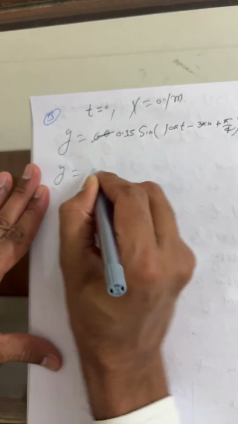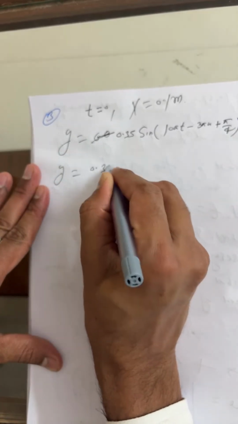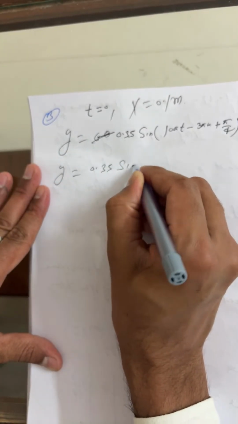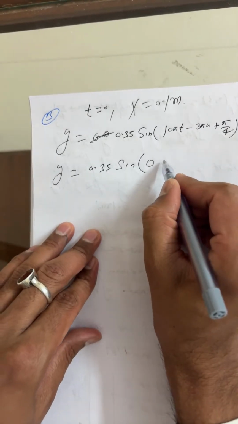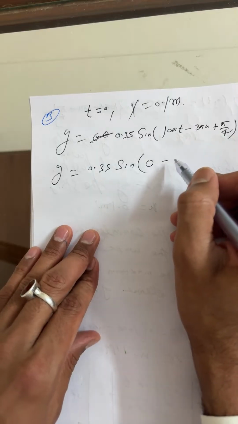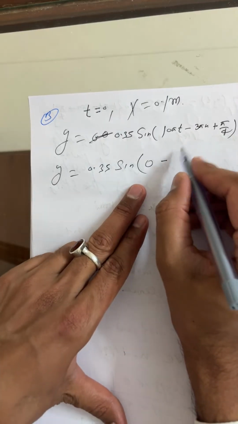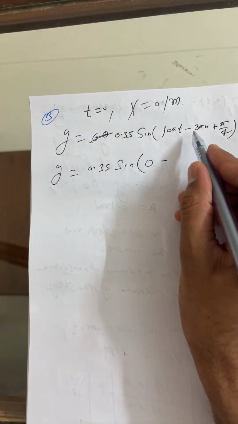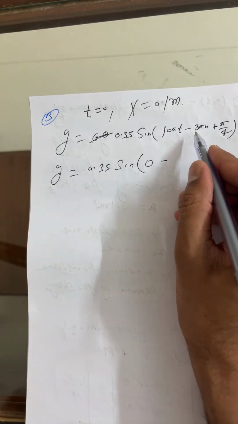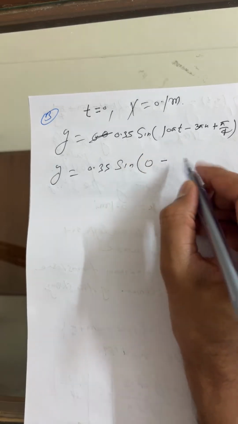So y is equal to 0.35 sin(10πx − 3πt + π/4). Here x is 0.1 meter; it's in meters, not centimeters.